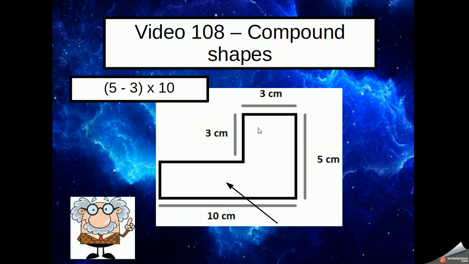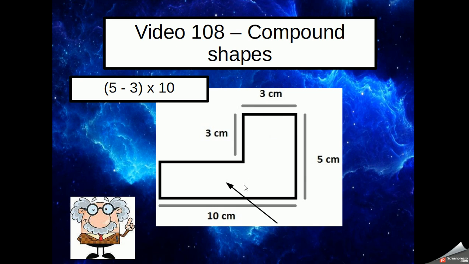Fortunately, we are told that the full length here is 5 centimeters, and this distance from here to here, and remember this part is a square, so the sides are parallel, is 3. So if you imagine extending this line, it has to be 5 centimeters, just like the line that's parallel to it, because this is a square, because these are right angles.